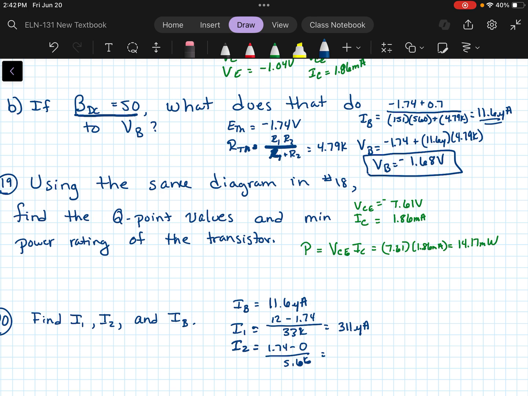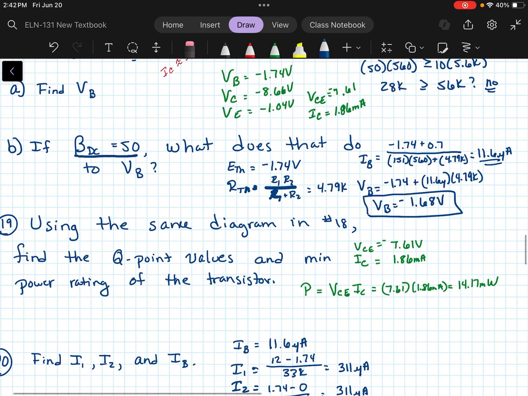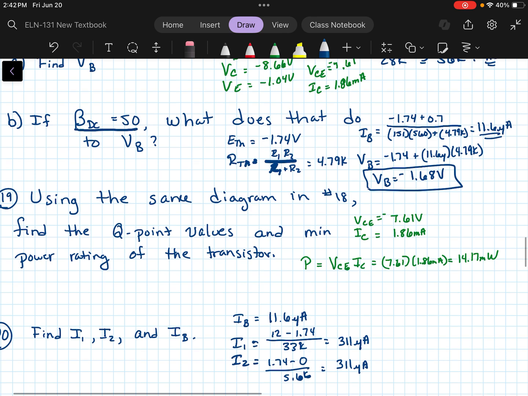And the assumption I made was that I1 equals I2. That's how I got the results that I had already, which should be about the same thing. So it is going to give me about 311 microamps. Now, if we had used the exact method, we would find something slightly different because we would have a different IB.